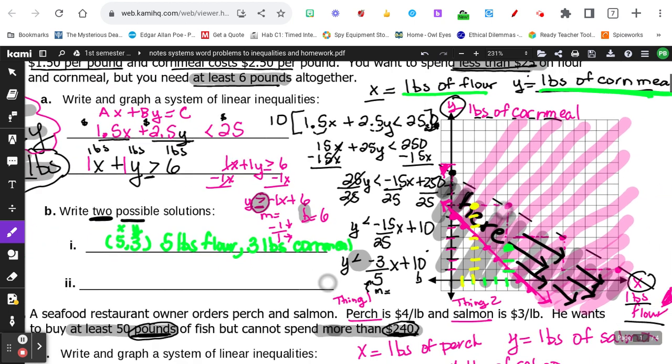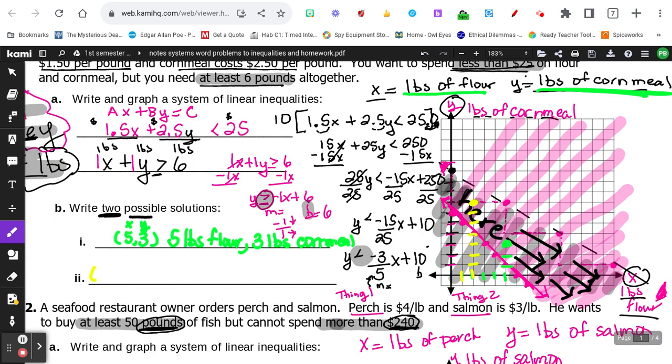So (2, 7) will be another solution. So that means 2 pounds of flour and 7 pounds of cornmeal. Now, did you have to choose those points? No, you could have chosen anything in there, okay?